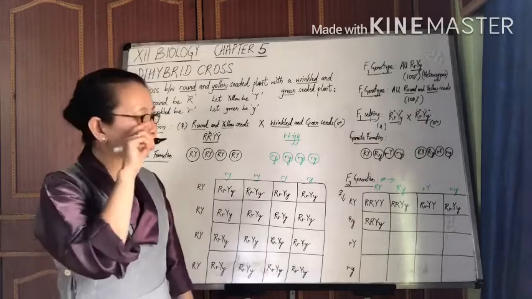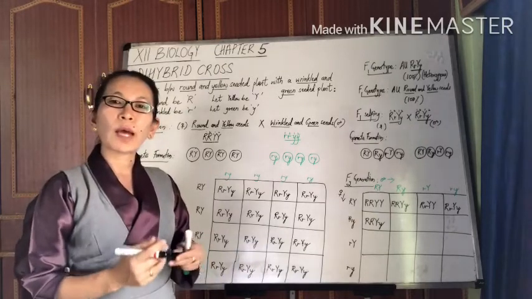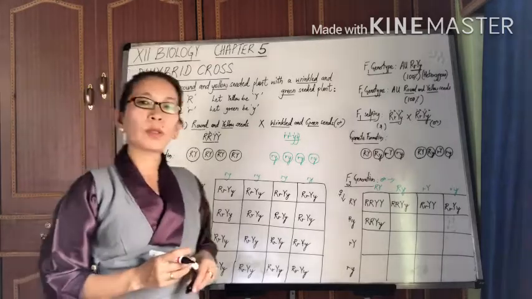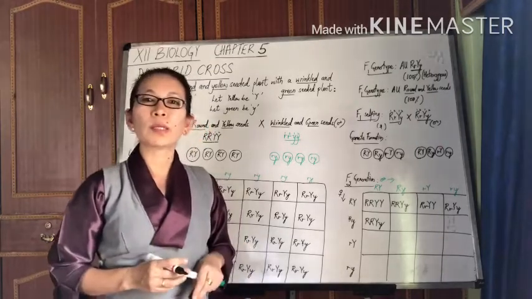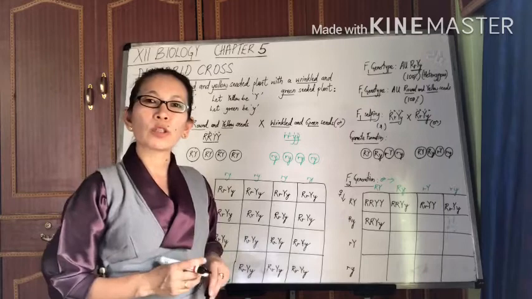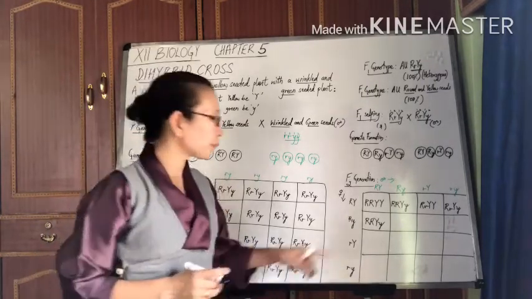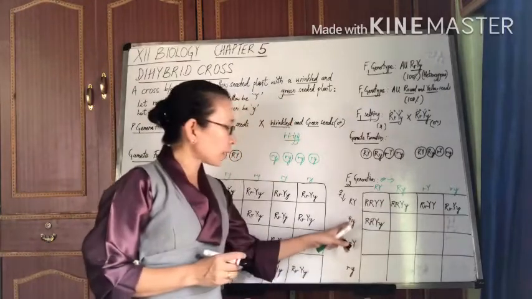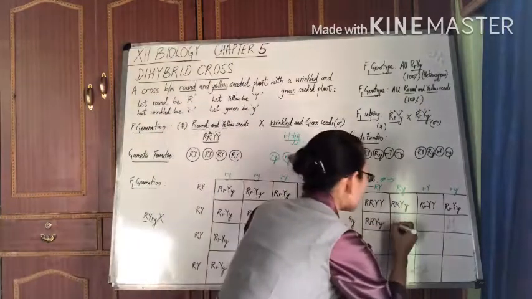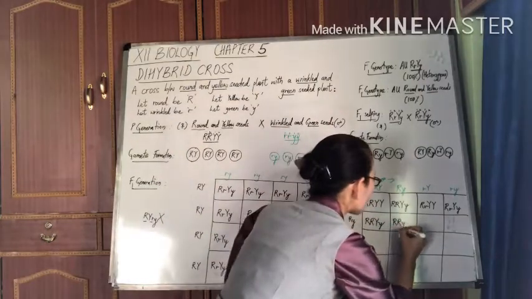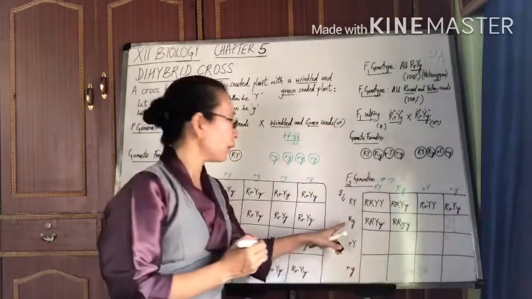This is also a general rule: when we have two letters to be written for a trait, the dominant factor, or the letter, has to be written first, and then the recessive factor. Then next one is capital R, capital R, small y, small y.